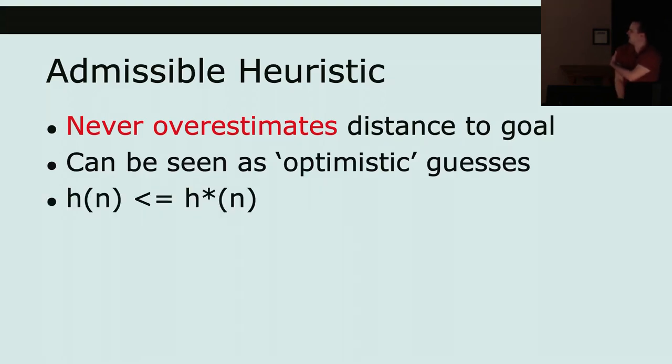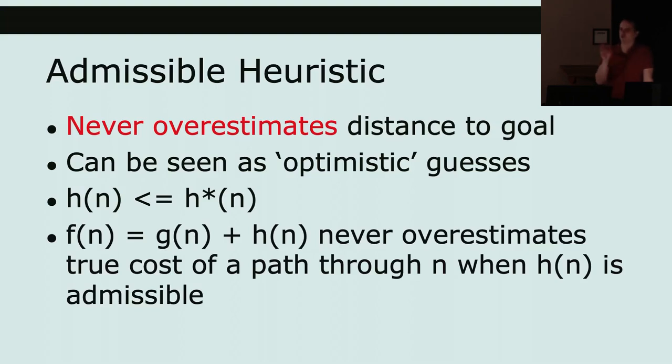So mathematically, h of n, which is our heuristic, has to be less than or equal to h star of n, which is the true cost to the goal. And so what this means is if we have g of n, which is the distance that we've come so far to a node, and we add h of n to that, this value will never overestimate the true cost of a path through n when h of n is admissible.